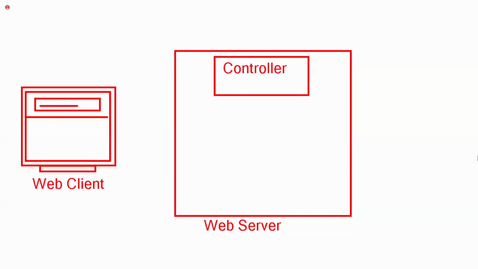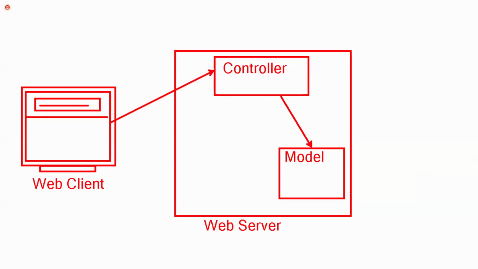Now here you type the request, then your request passes to the controller. Whatever request you asked passes to the Java Bean, the model. Then it will pass the request to the model.